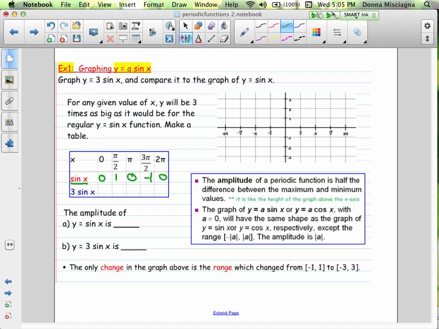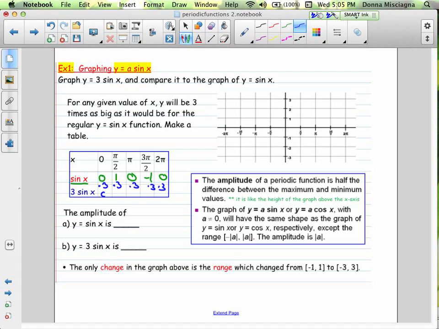All right, so 3 sine x. I'm going to keep all my x values exactly the same, but we're going to change our y values. So in other words, we're going to multiply all our y values by 3. So I'm going to multiply this one by 3, and this one by 3, and this one by 3, and this one by 3, and this one by 3.